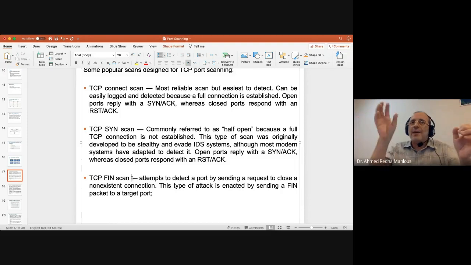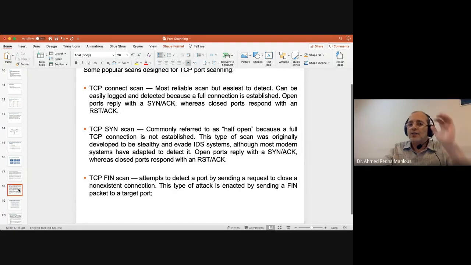You send the packet with the FIN flag 1 to the other end and just verify whether you get a response or not. If someone receives a FIN and was not involved in a communication, they will send you an RST. If you receive an RST, that means the port is closed.